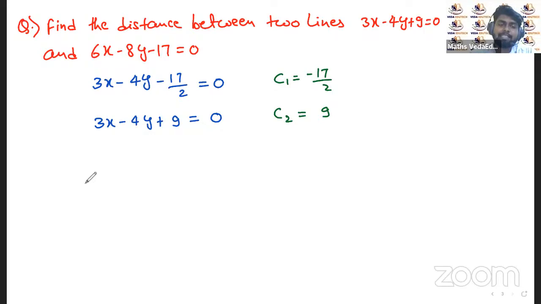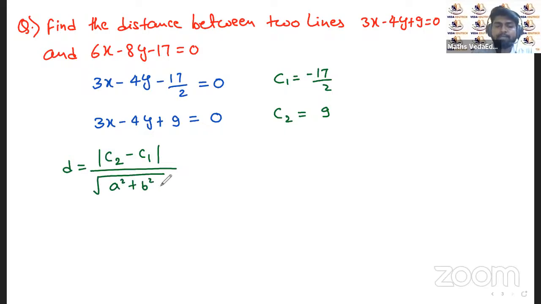Now, D is the modulus of C2 minus C1, whole divided by square root of A squared plus B squared. We can find the A and B values from these two equations. A is 3 and B is minus 4.